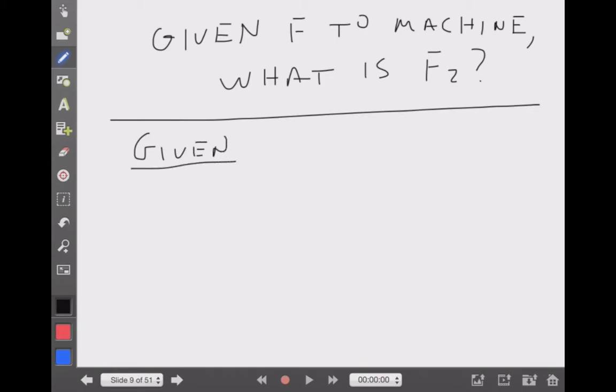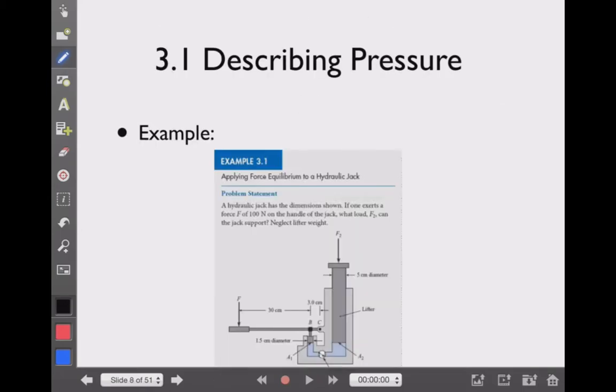And we're also given that F is going to equal 100 newtons. That's applied to the jack handle. And we're supposed to assume that the weight of the lifter is negligible. That's in the statement of the problem here. So we're going to assume that as well. And we should probably write that down. If this was a homework problem, we should definitely write this down.